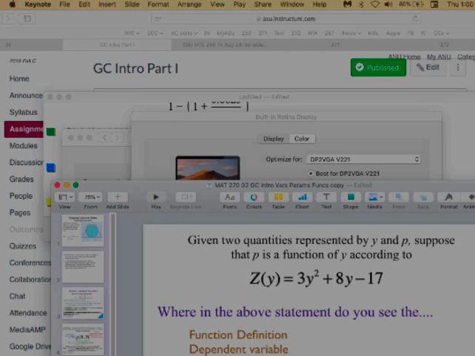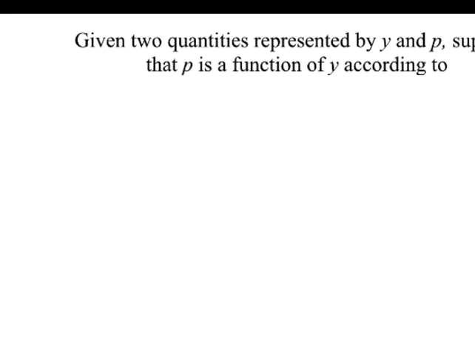All right, so let's look at this. Okay, so given two quantities represented by y and p, suppose that p is a function of y. If p is a function of y, then how might we use function notation to represent that?